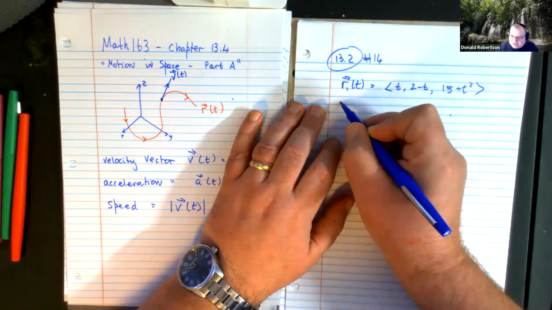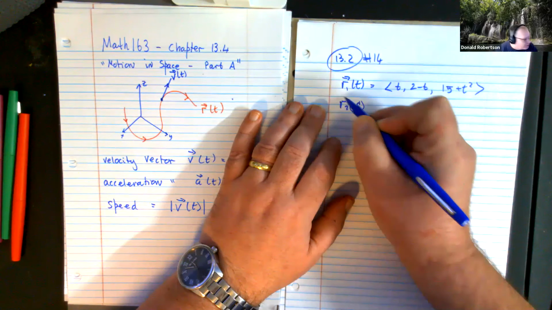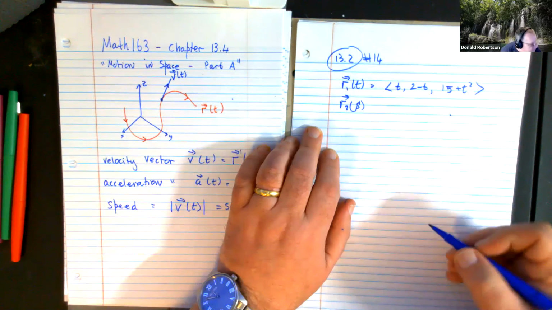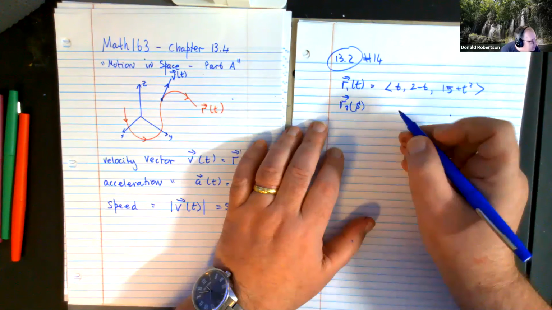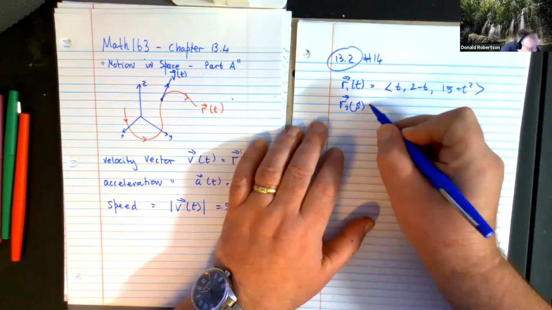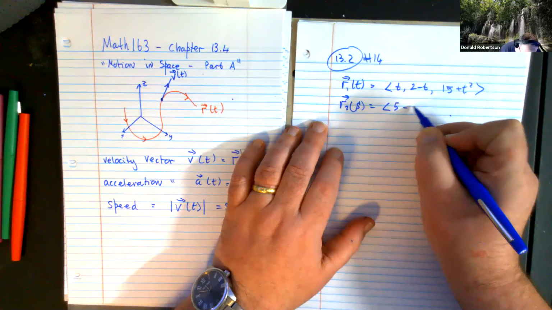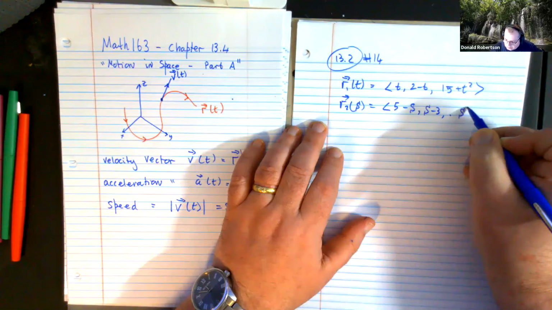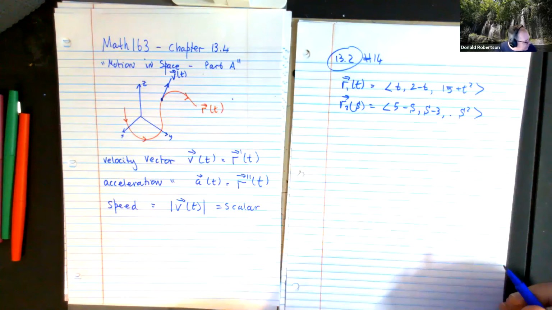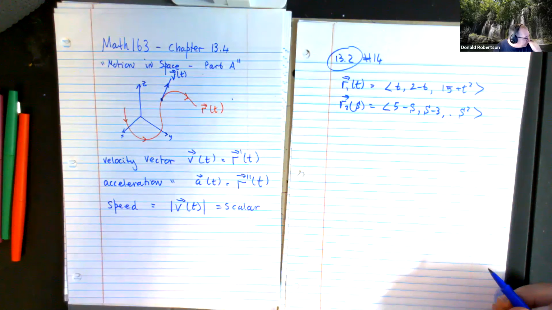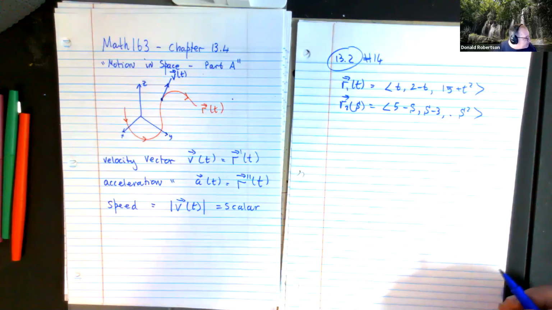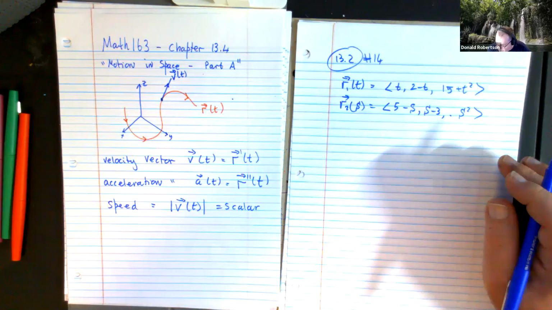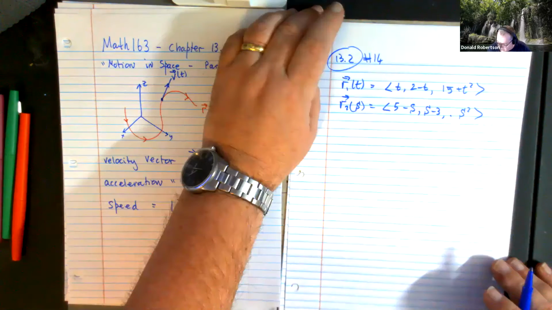Do you notice they made the other one an S, which is helpful. And it's going to be 5 take away S, S take away 3, and S squared. So this should be the exact question you've got, because I looked into your particular name. And they want to know the point where it intersects and then the angle that they intersect at. That's the question. Agreed?